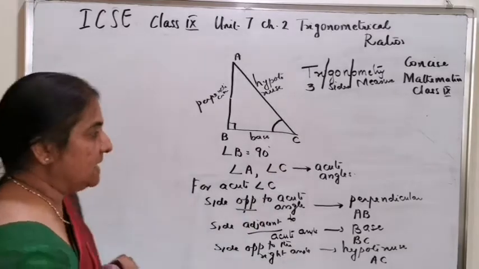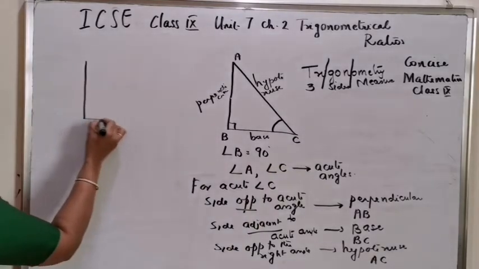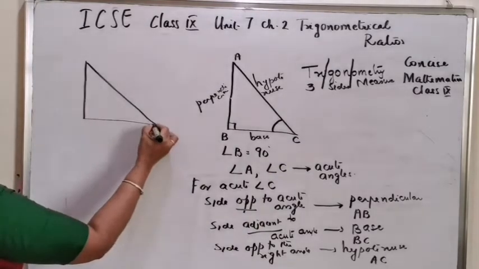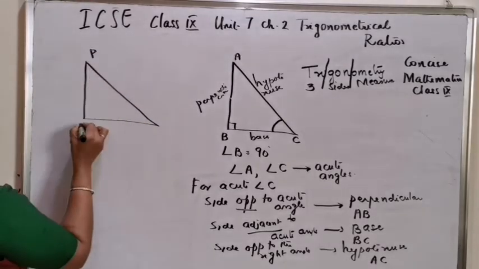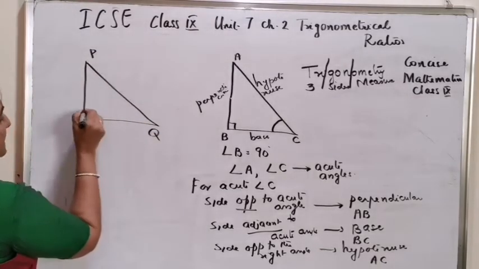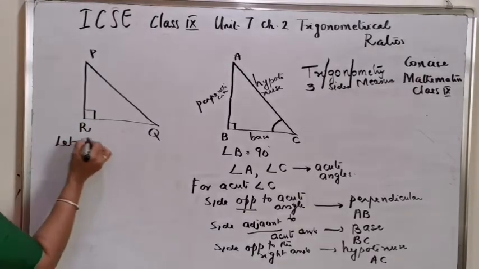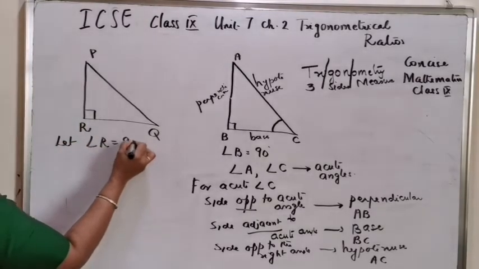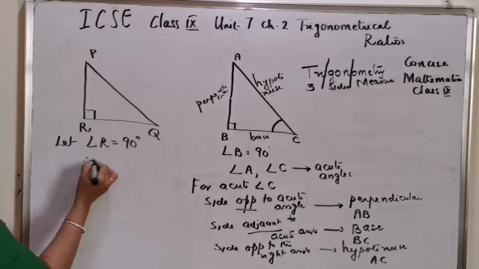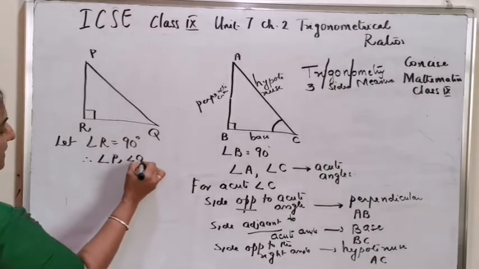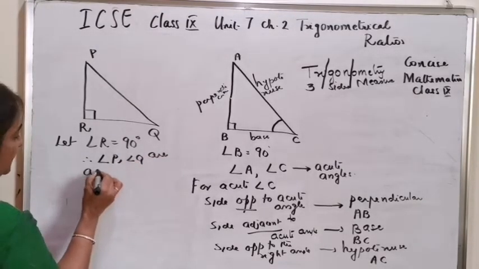Let's take another example of triangle PQR, right angled at R. Let angle R be equal to 90 degree. Therefore, angle P and angle Q are acute.